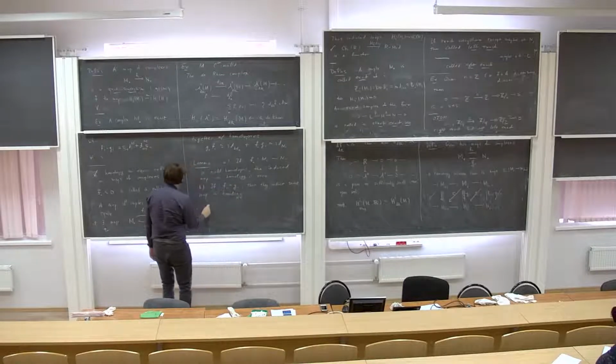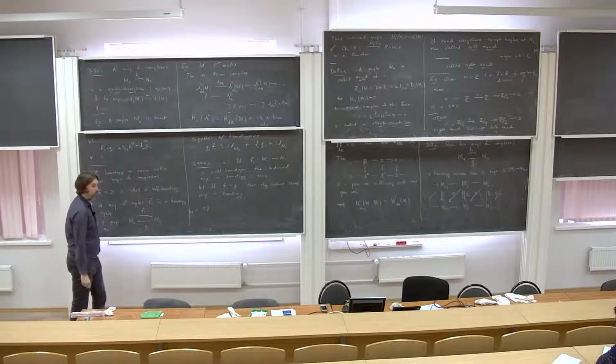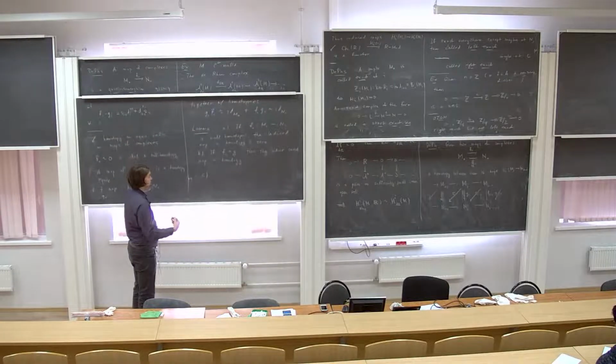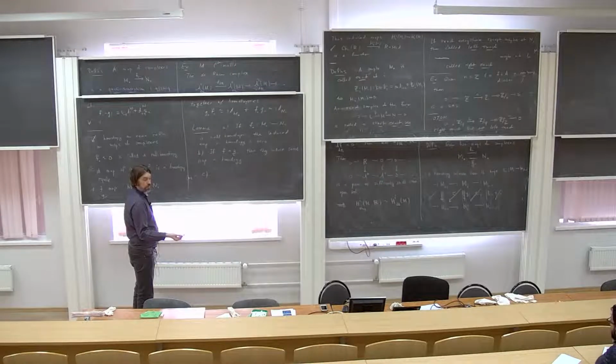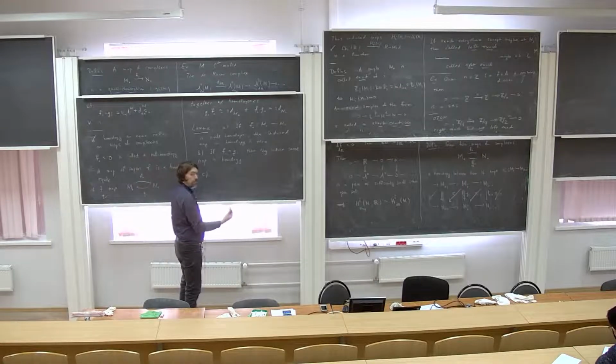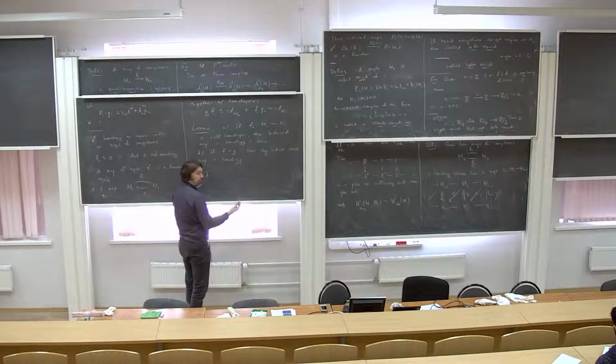And finally, if F is a homotopy equivalence, it has a homotopy inverse. Okay? And the composite is homotopic to the identity, therefore it gives the identity map in homology in both directions. So the map in homology must be an isomorphism because it has an inverse.